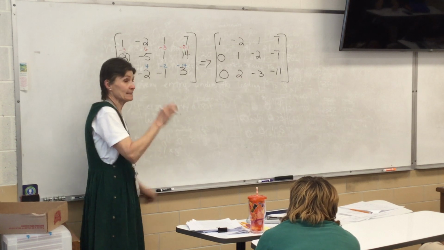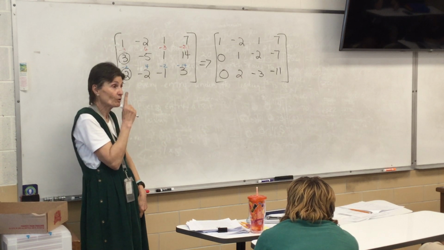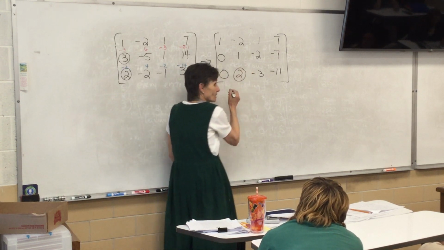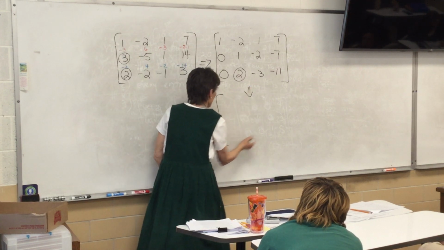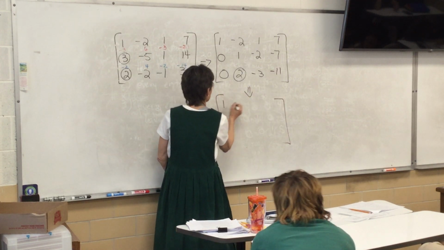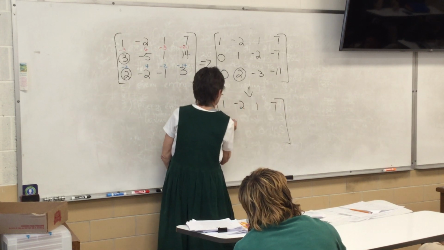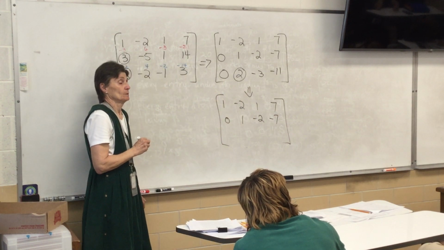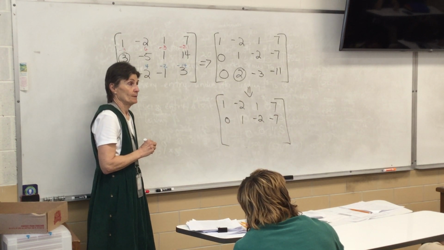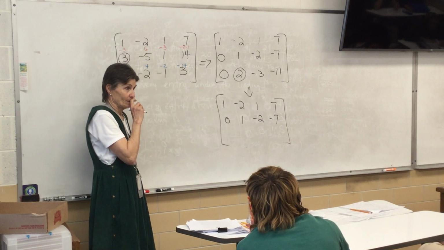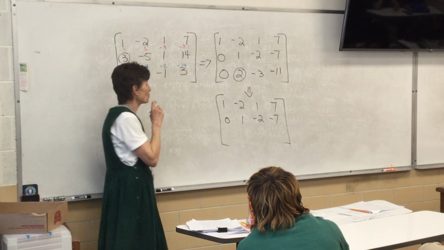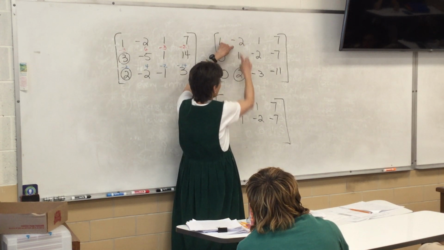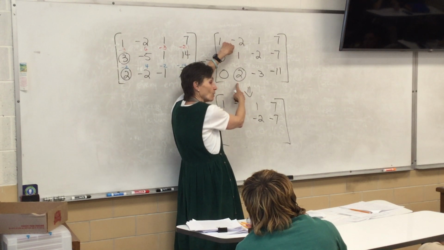Now, that's perfect, except I need one more 0. Where do I need my next 0? Right here, right? So, there is nothing wrong with the top 2 rows, so I'm going to just recopy them. They are fine. But I need a new bottom row. Now, don't use the top row, because what will happen if you try to use the top row, you could actually add those together and eliminate straight up, but why will that not work?